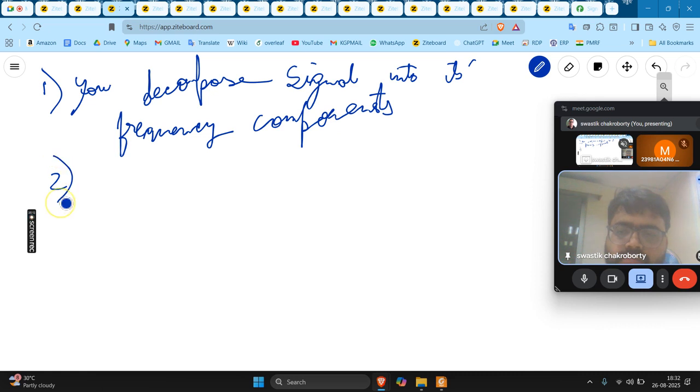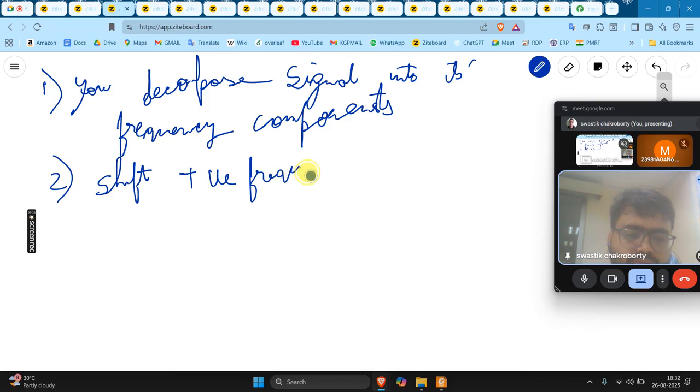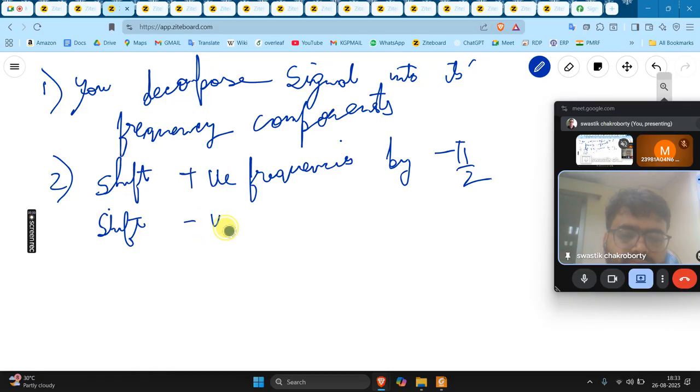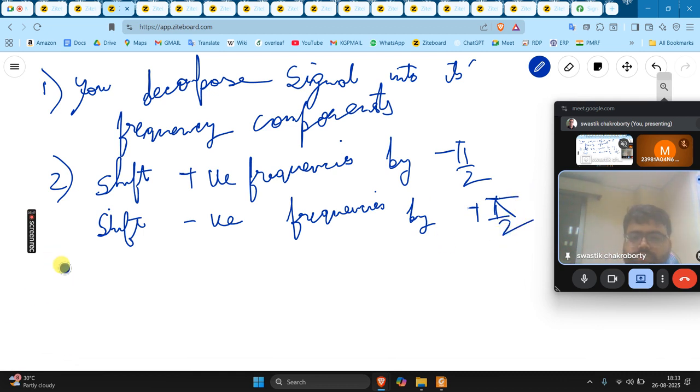Second step is shift positive frequencies by minus pi by 2, shift negative frequencies by plus pi by 2. So in that way you have achieved it. So you get Hilbert transform.